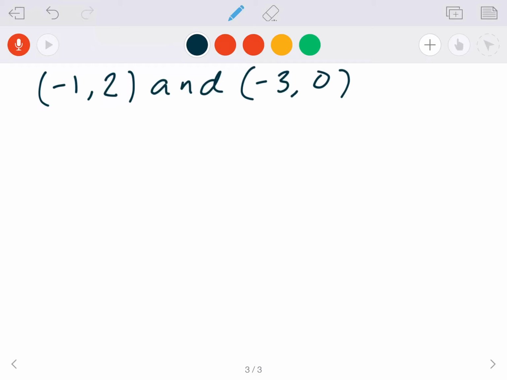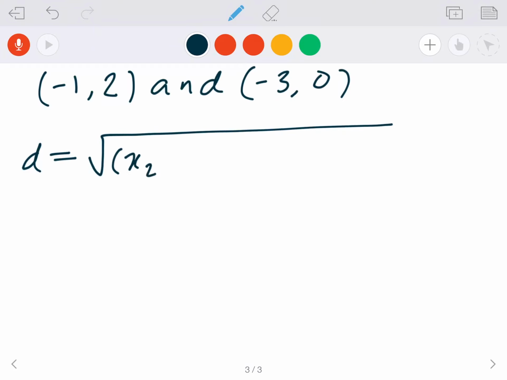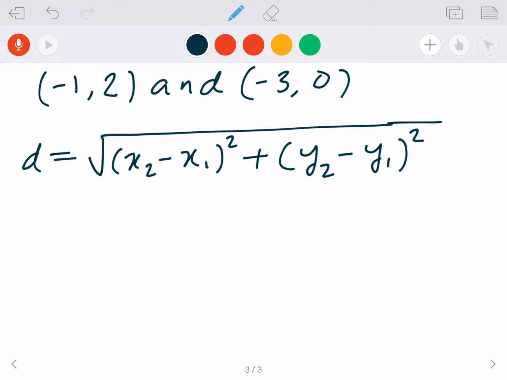All right, so let's find the distance first. Distance is equal to the square root of x2 minus x1 squared plus y2 minus y1 squared. We can define these 2 points as x1, y1 and x2, y2.